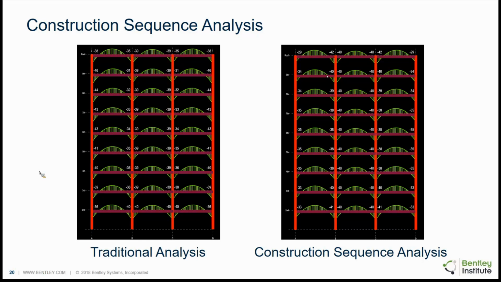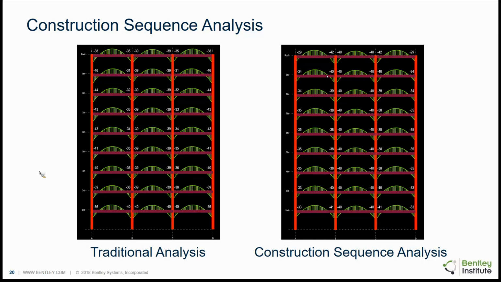And as you can see in the traditional analysis, that differential shortening is significant. And in the construction sequence analysis, the differential shortening is less significant because it keeps getting built out as you go up the structure. And what you are seeing here is that the design forces are very different.